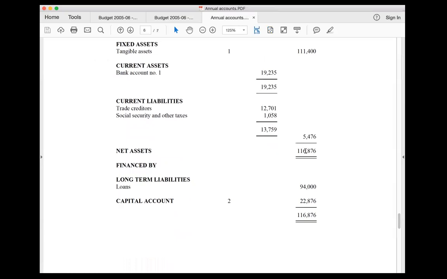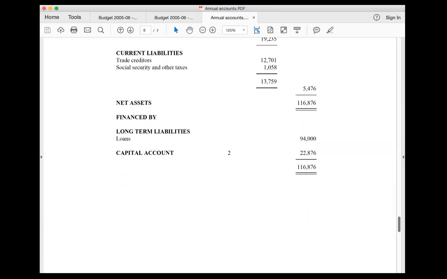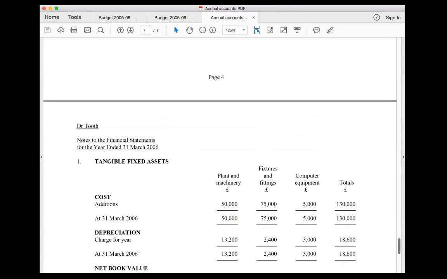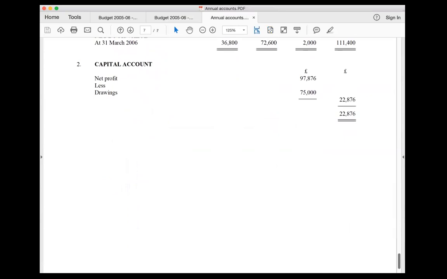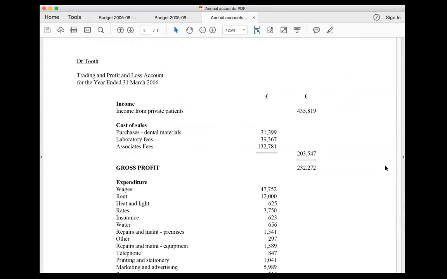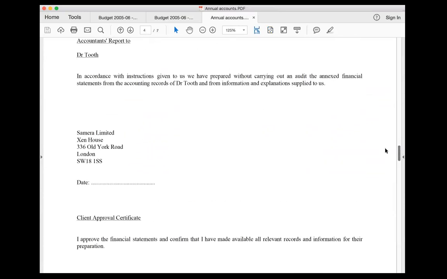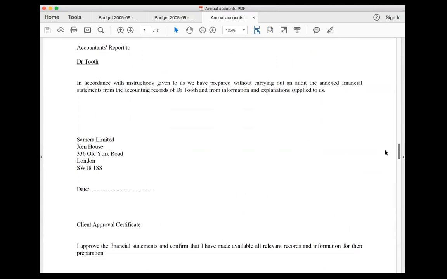So in this instance, the net assets were 116,000. So it's a net positive, net worth positive business. And you can then see the breakdown further of tangible fixed assets, etc. I'm not going to dwell on that. So that's a statutory set of accounts that you would typically receive.